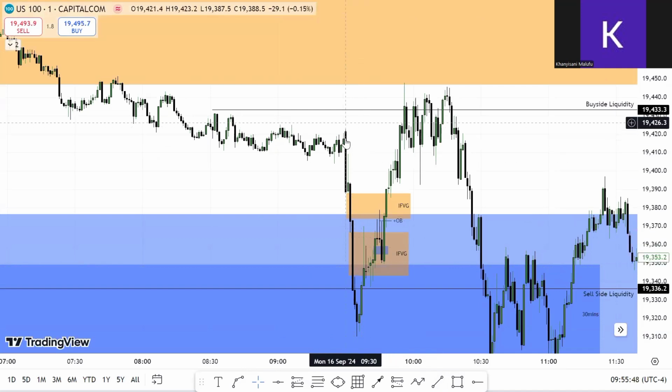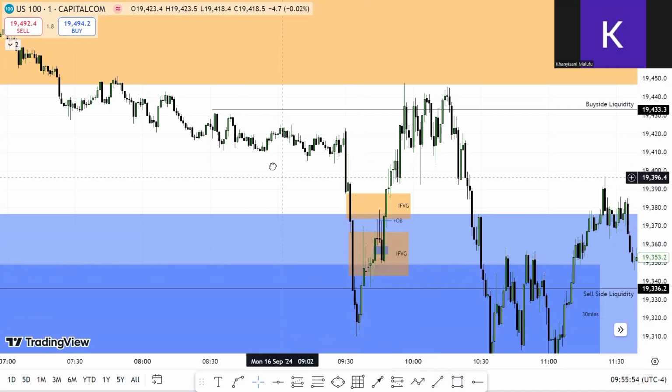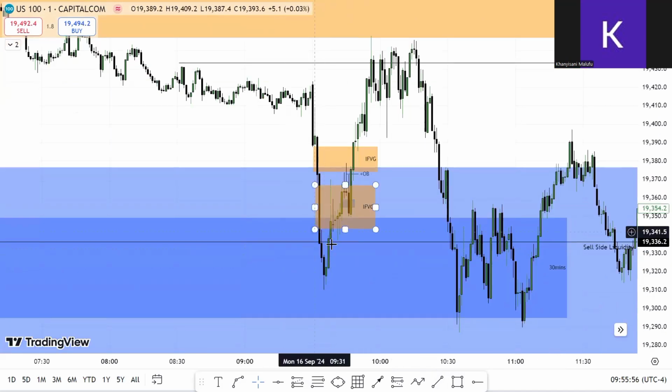And I know that a lot of people will be looking at this as a breaking market structure with the downside. But we've already taken a sell side liquidity, activating a potential reversal.